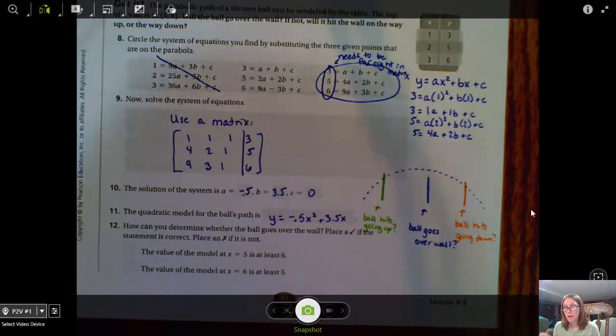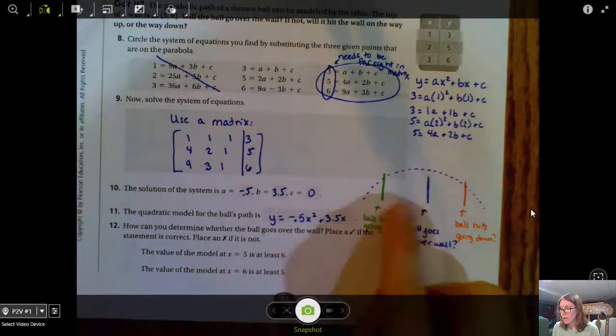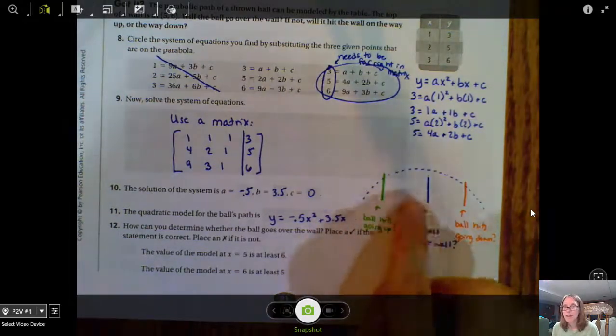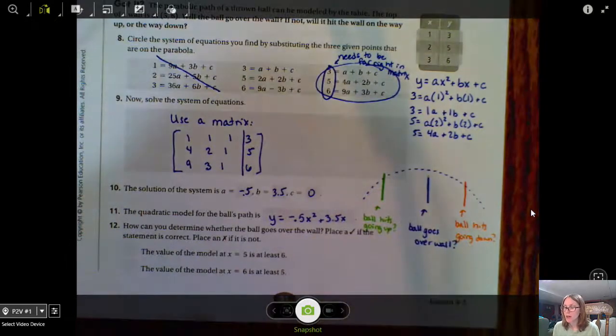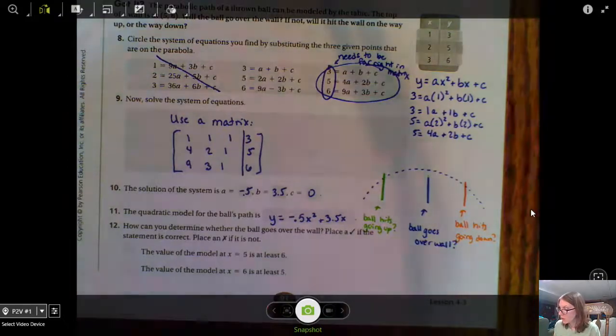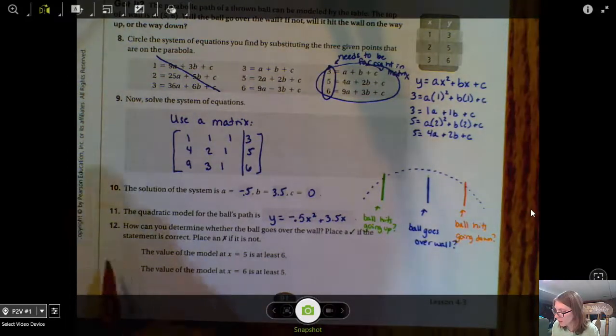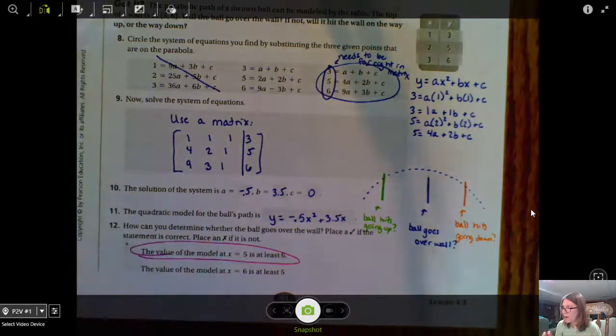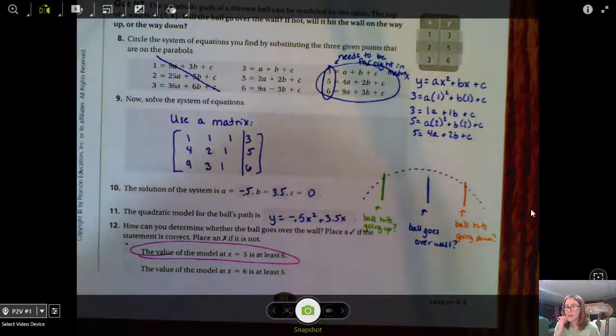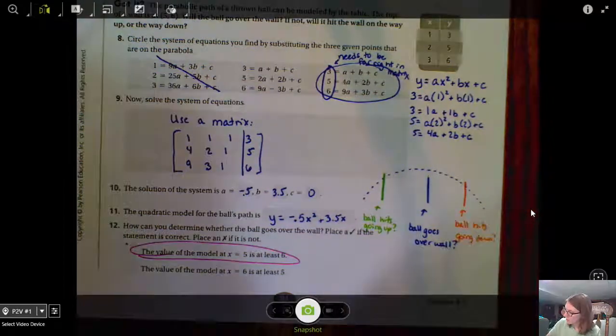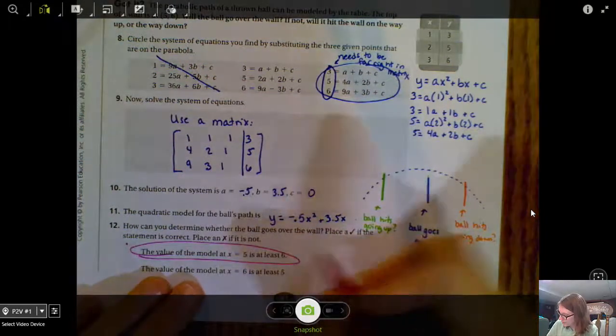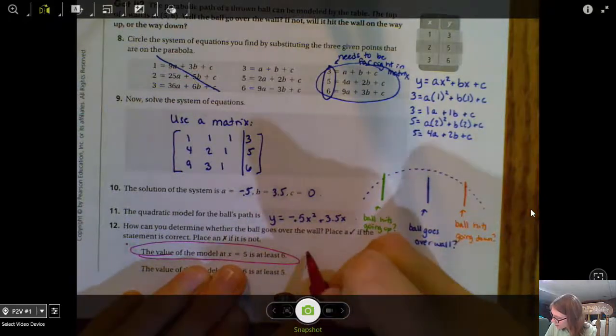Well, if we figure out our y value, wherever our wall is, when x is 5, that's going to help us figure out if the ball will make it over the wall or not. So we really want to find if the value of the model at x equals 5 is at least 6. Well, let's plug this in.